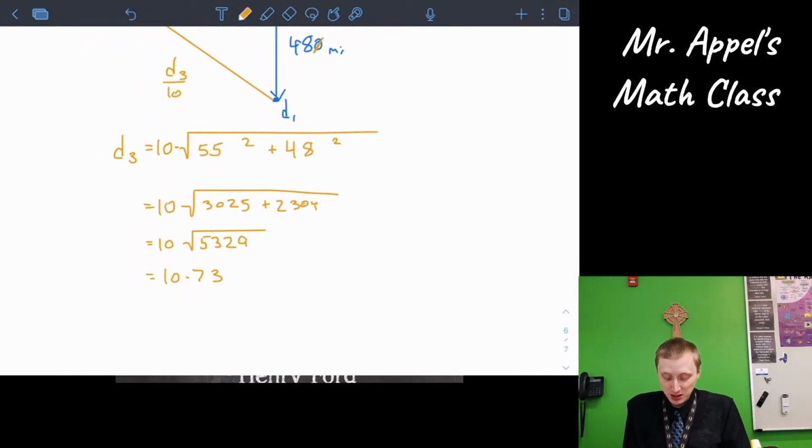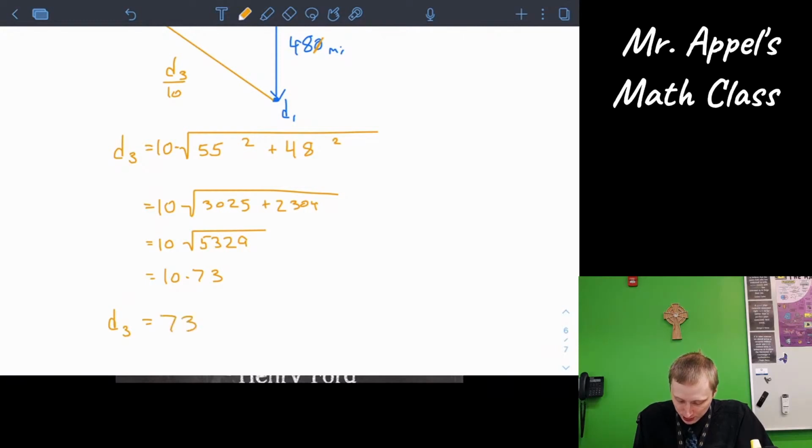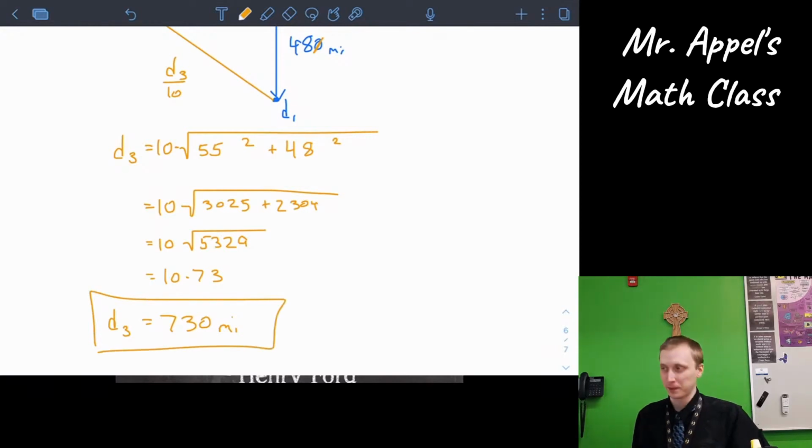So this turns out 55, 48, and 73 is actually a Pythagorean triple. There you go. So our distance 3, how far apart between the planes? 730 miles. There you go.